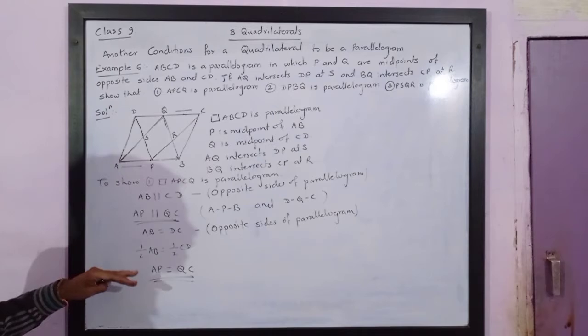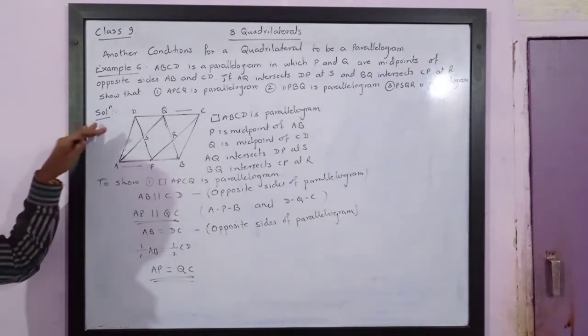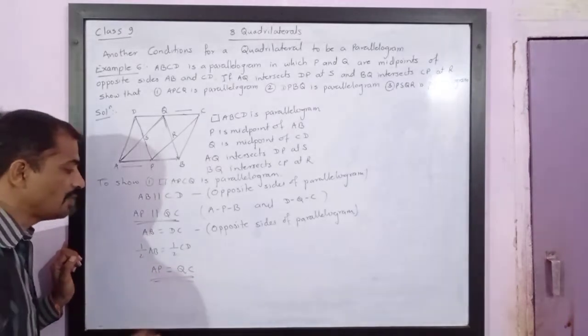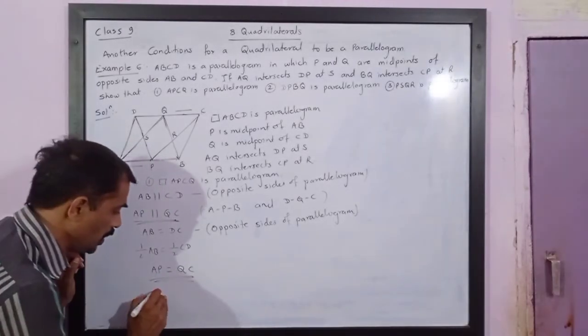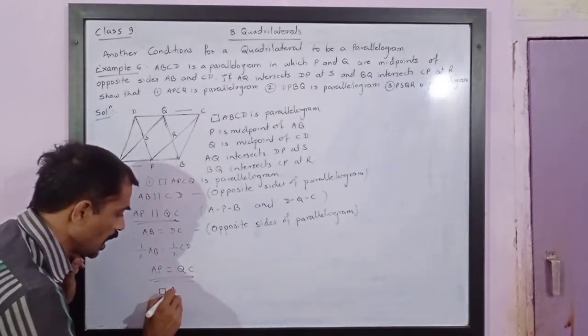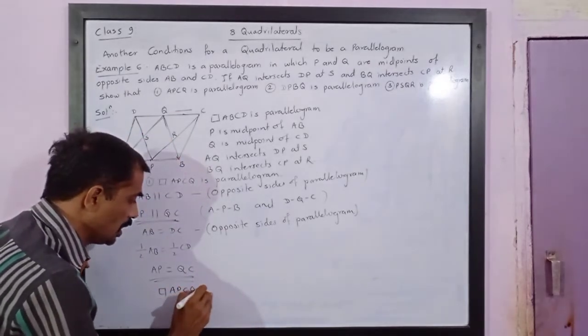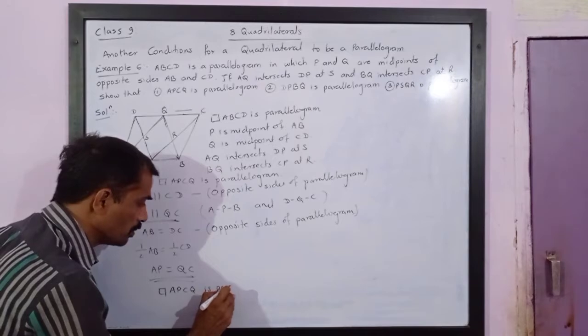So as one pair is parallel as well as equal, quadrilateral APCQ is a parallelogram.